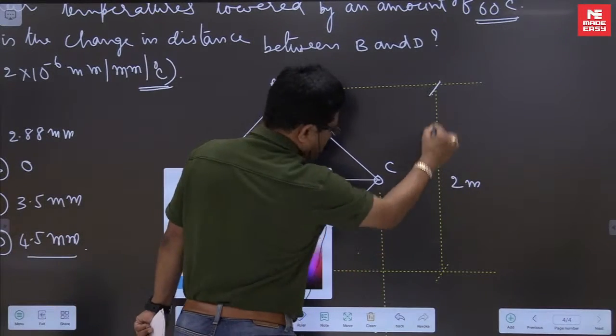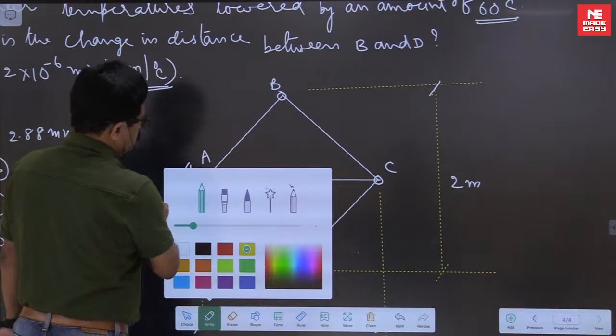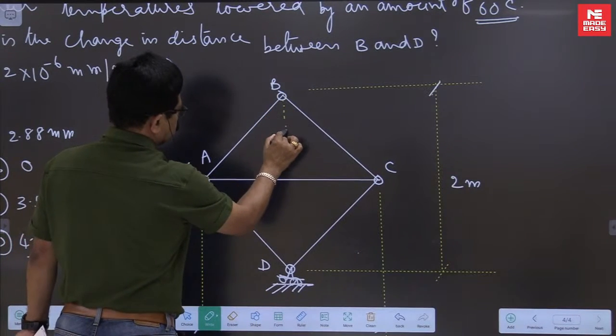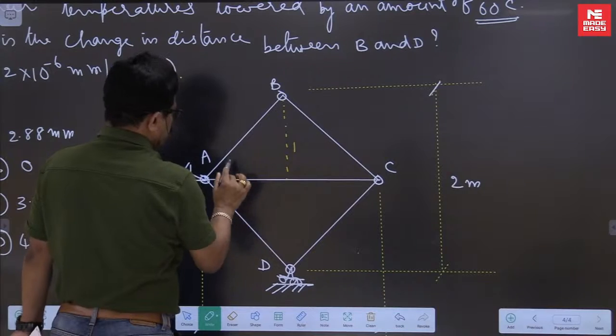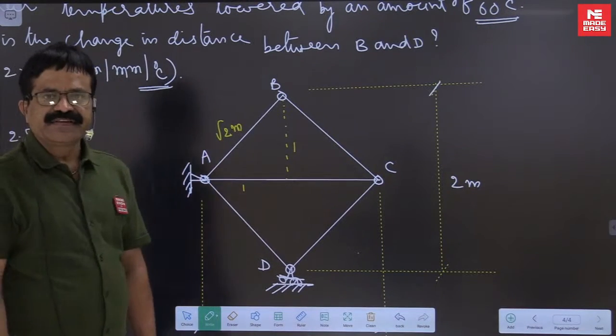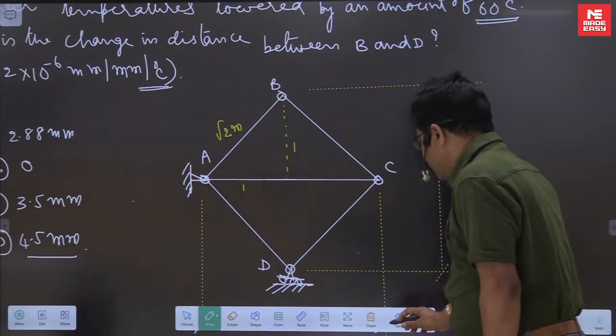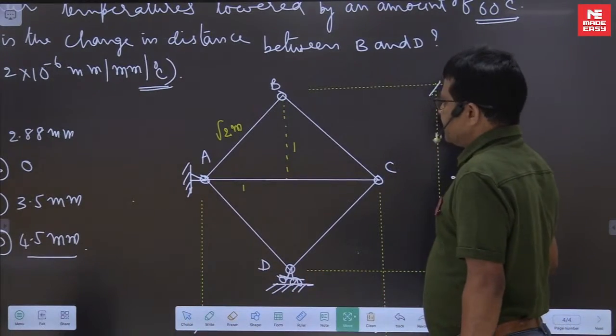If the total length is 2 meters, from here to here is 1 meter, and 1, 1. Each member length is root 2 meters. So we can write alpha TL for each member.